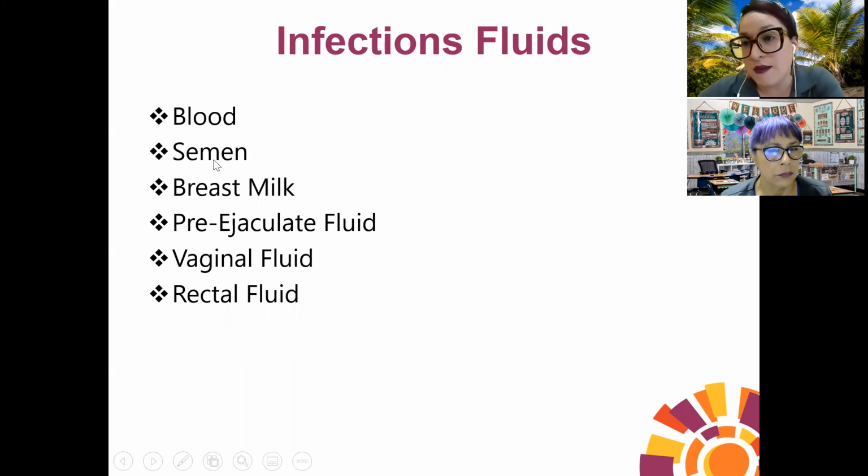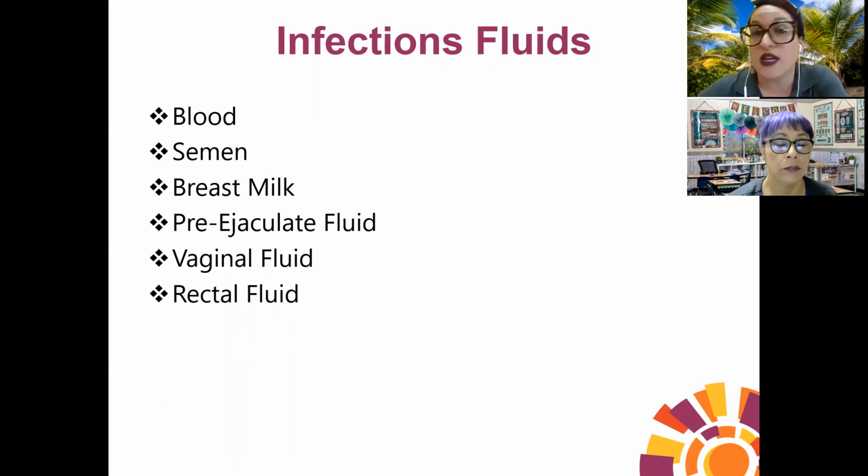Semen is for making babies, it's nutritious, has a lot of proteins. Breast milk is for babies, to feed human beings. Pre-ejaculate fluid is very nutritious for keeping the sperm alive. Vaginal fluids are nutritious too. Rectal fluids don't have anything nutritious, but a lot of people get in contact because of sexual behavior. So they are infection fluids.